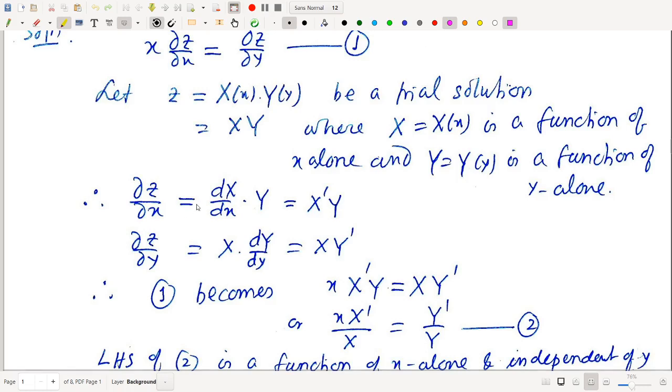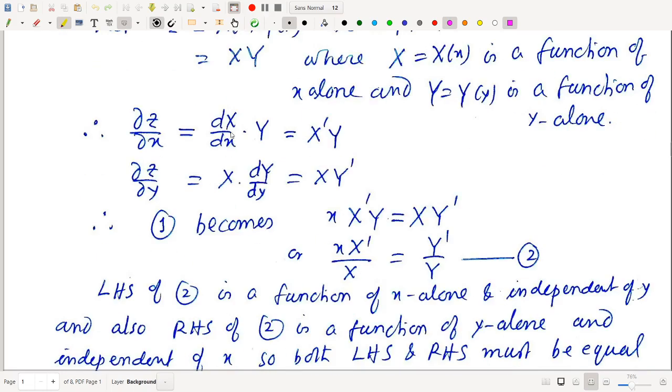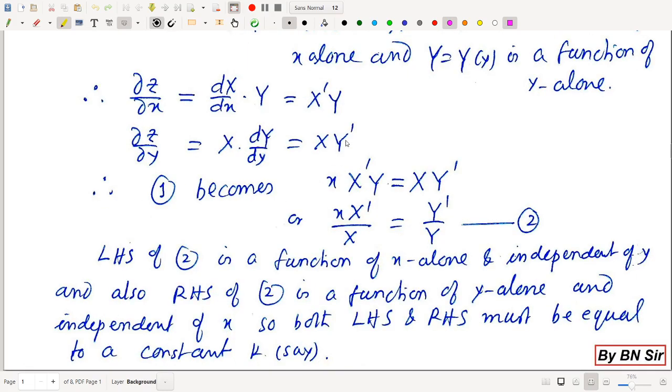Therefore, ∂z/∂x is dX/dx into Y. Here Y is a function of y alone, so when we differentiate partially with respect to x, that will be constant. Denoting dX/dx by X', this is X'Y. Now ∂z/∂y, similarly, is X into dY/dy, the derivative of Y with respect to y, equal to XY'.